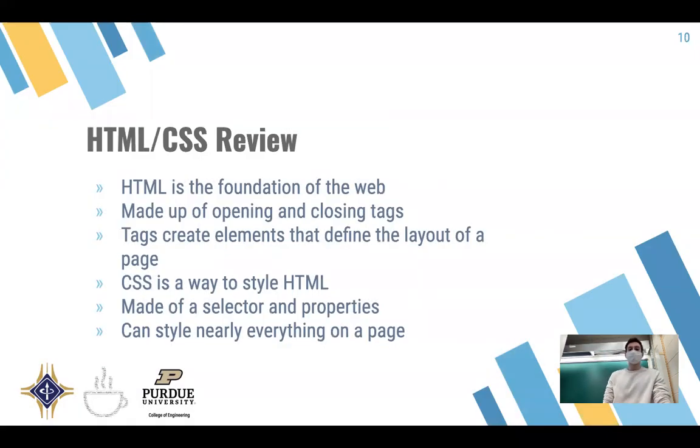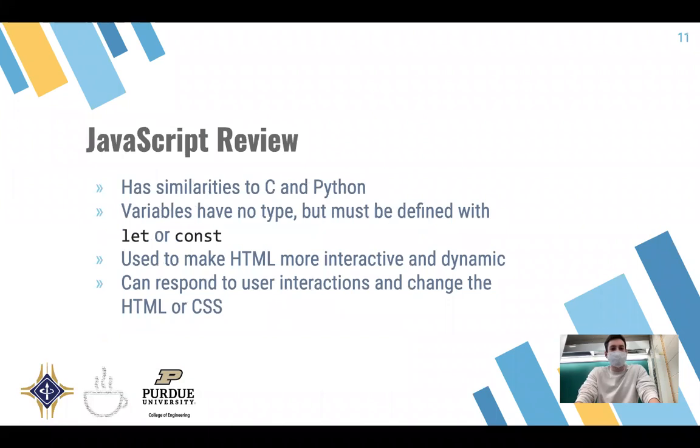I know last week I didn't really go over HTML or CSS. I kind of figured you guys already knew it, but just to recap, HTML really is the foundation of the web. It's all about tags, and you create elements with those tags, and you use CSS to style those with the selectors and properties. And then for JavaScript, similar to C and Python, you don't have to define the type, but here we use let and const. You technically can use var, but please don't, because it can lead to bugs with scoping problems.